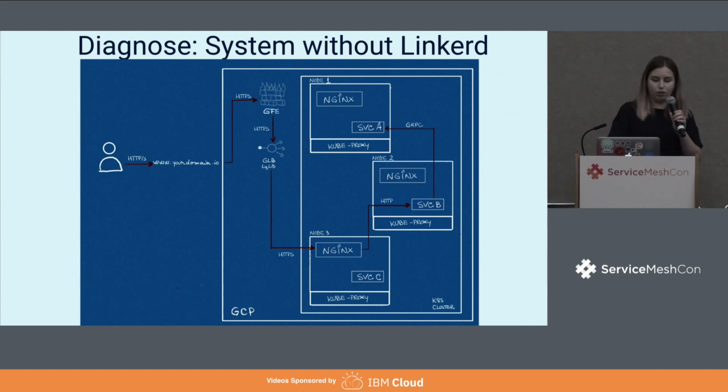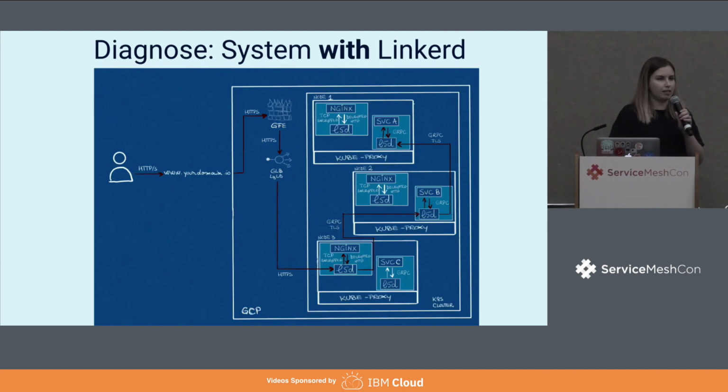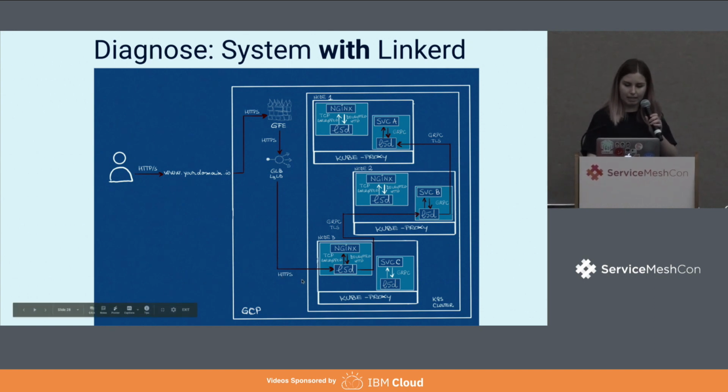And now let me show you the much more complex version of this diagram that contains the Linkerd proxy and how it's meshed. So again, your end user makes the request to your domain. It goes through Google frontend to the load balancer.